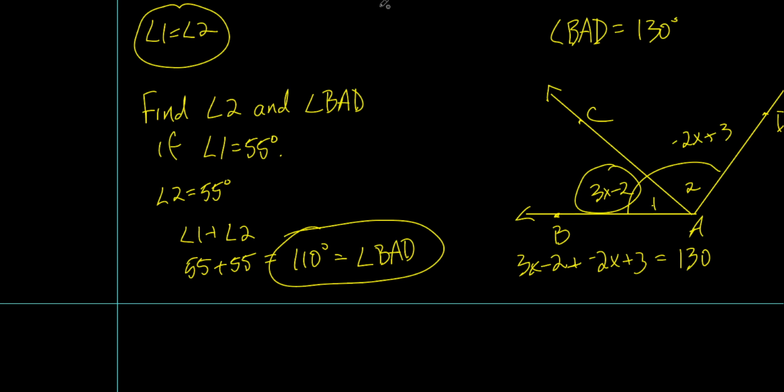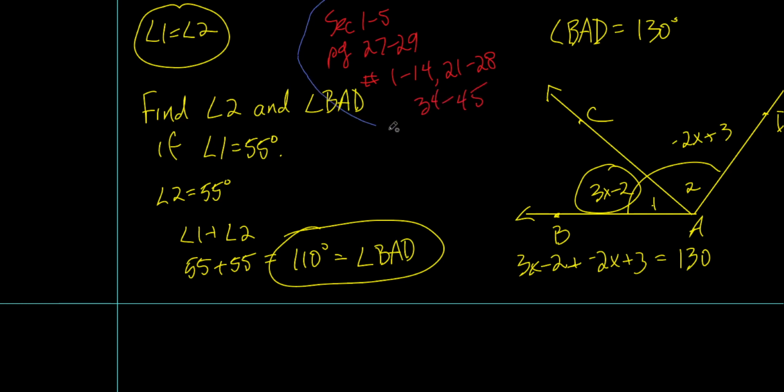You should have your homework from the lesson plan I gave you on Monday. I'll put it up here. It's section 1.5, pages 27 to 29, and it's broken up into 3 different parts: 1 to 14, 21 to 28, and 34 to 45. You don't need to write this down, it's on your lesson plan.